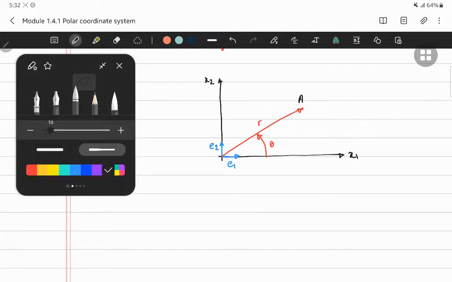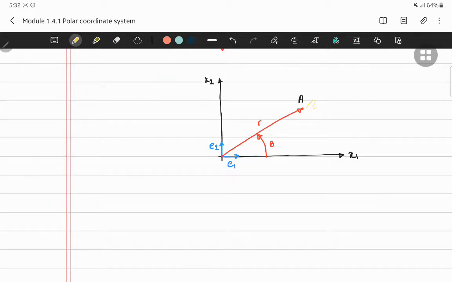Then you can define the unit vectors as E_r, increasing in this direction, and then E theta, increasing in this direction here.